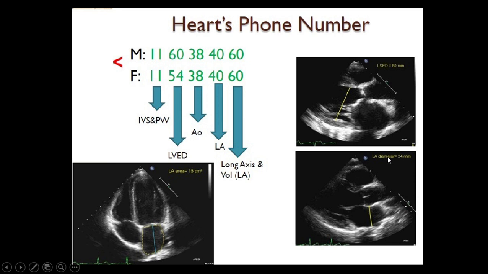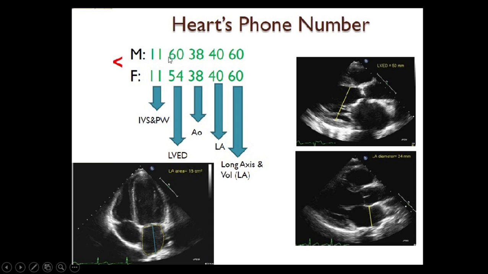For memorizing those important parameters, we can memorize them like a phone number. There is male and female. Our measurement for each of those parameters should be less than these numbers. 11 is, for memorizing better, like the number you have to dial first when calling out of the United States.